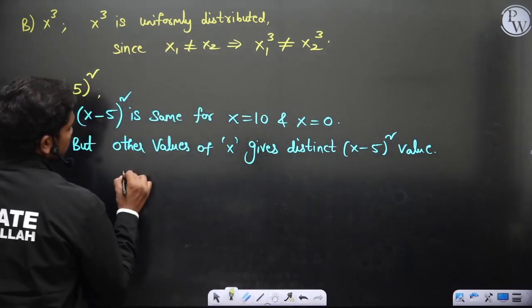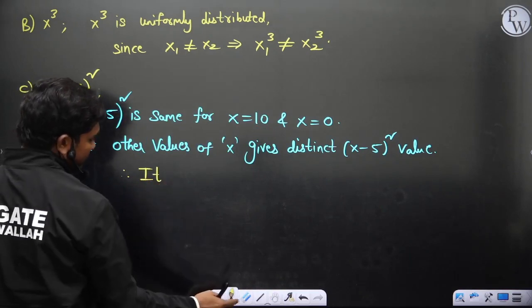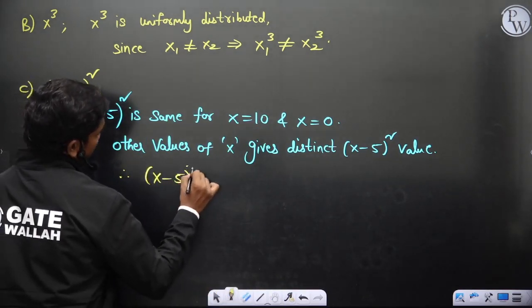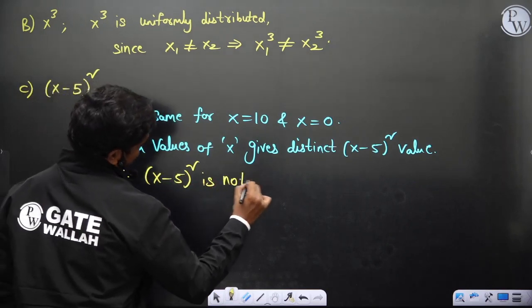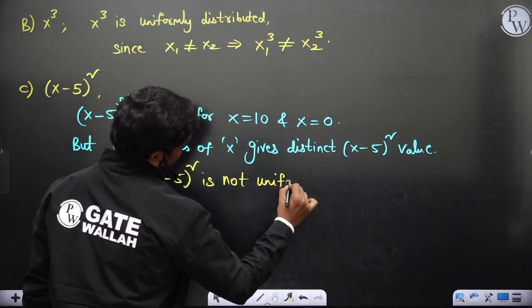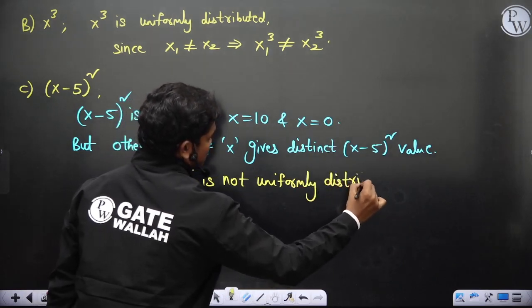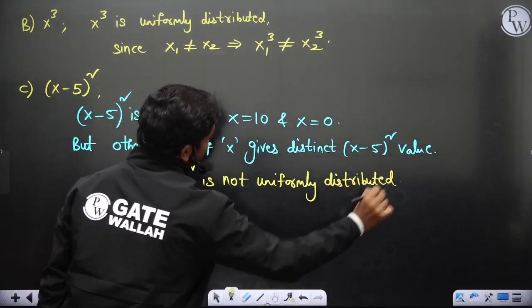Therefore, x minus 5 whole square is not uniformly distributed.